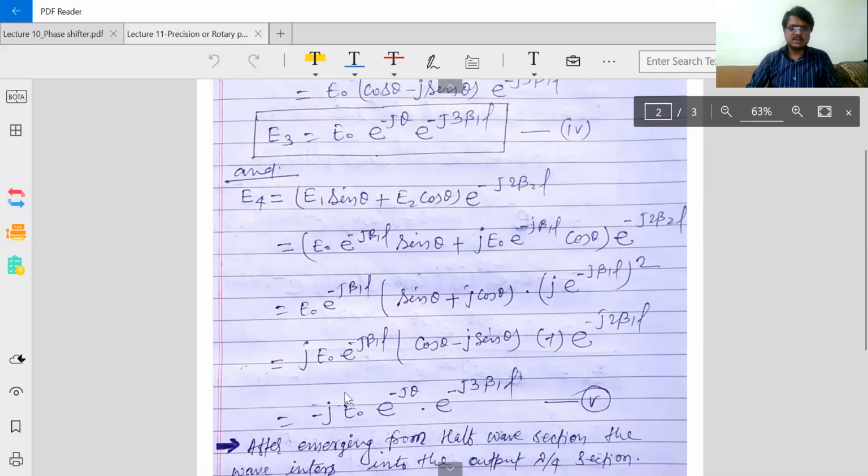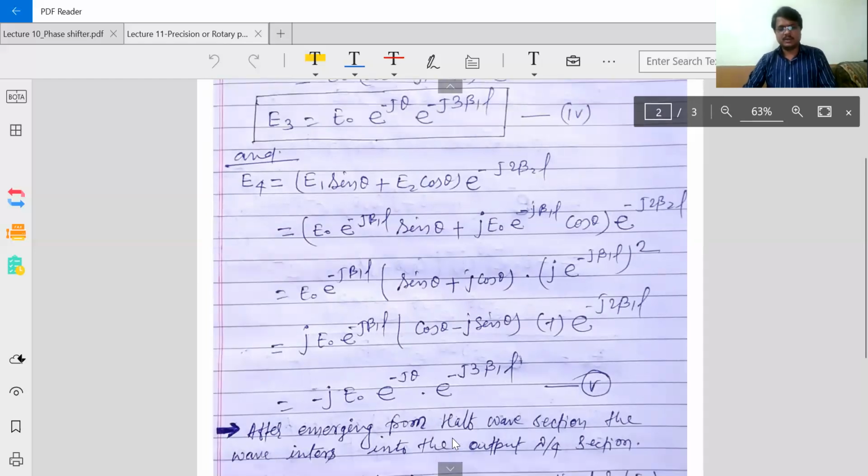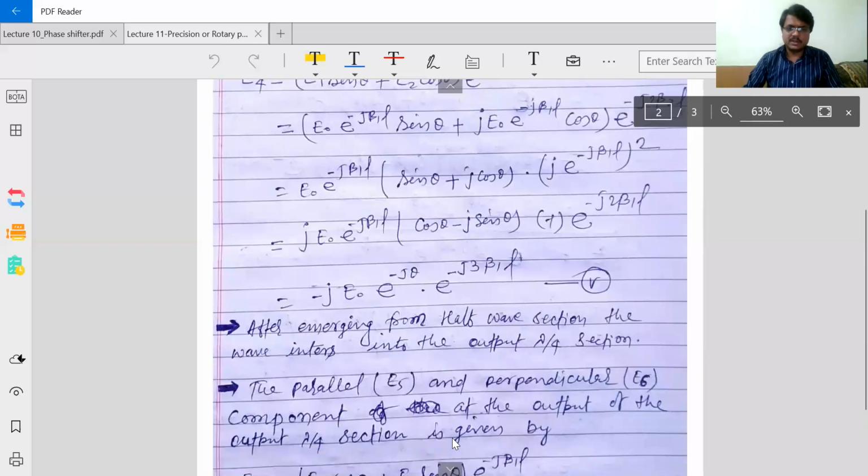Minus j is extra, meaning the magnitude of E3 and E4 are the same, but the phase shift between E3 and E4 is 270 degrees, since j is 90 degrees and minus j is 270 degrees. Okay, so it is 270 degrees apart.